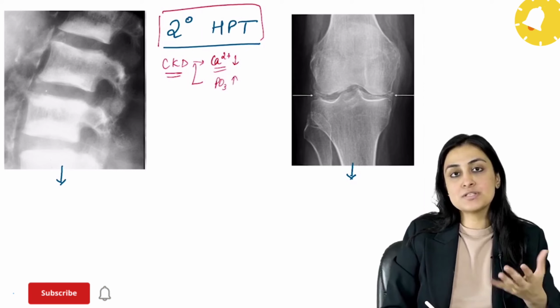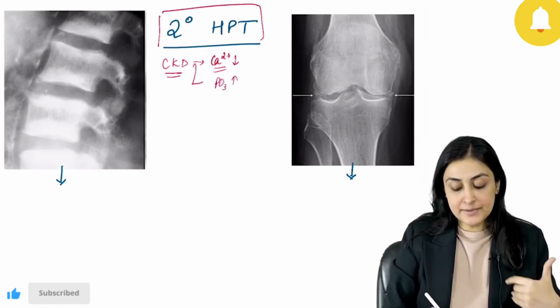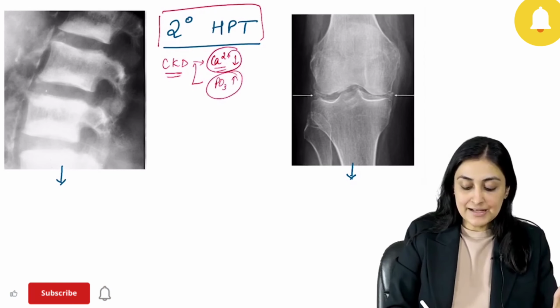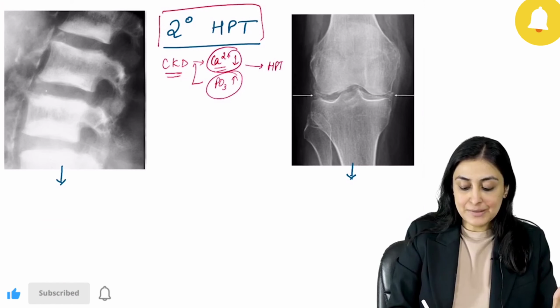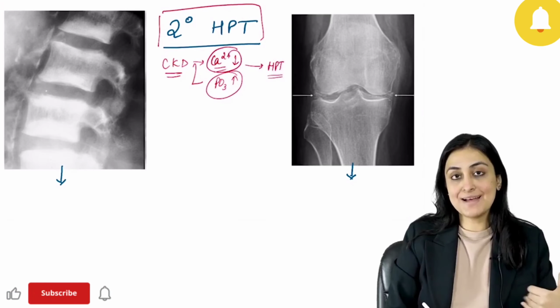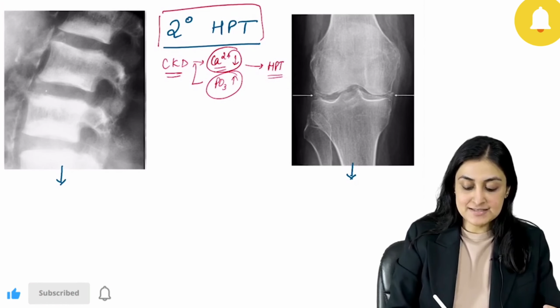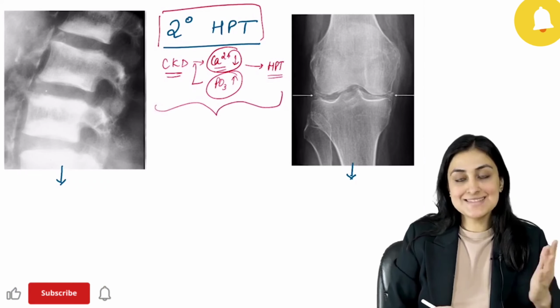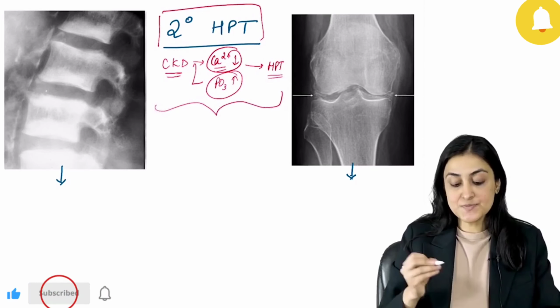Why? That is because the kidneys are unable to excrete them. So both of these again give a stimulus for hyperparathyroidism, right? It causes parathyroid secretion to get excess, and this is referred to as a secondary hyperparathyroidism state.